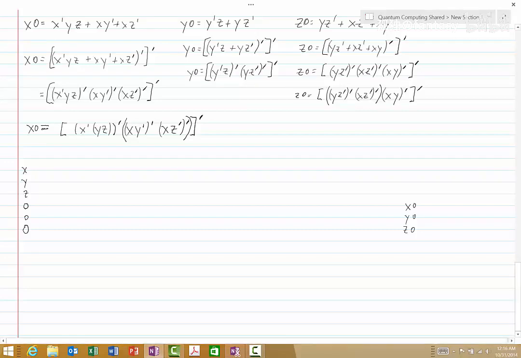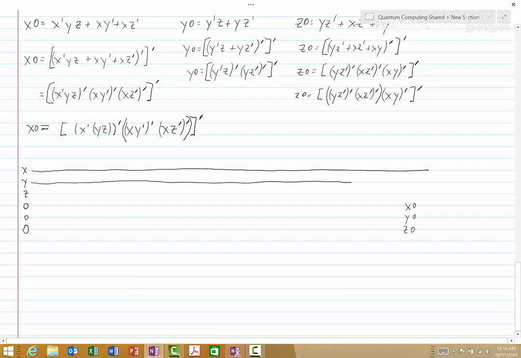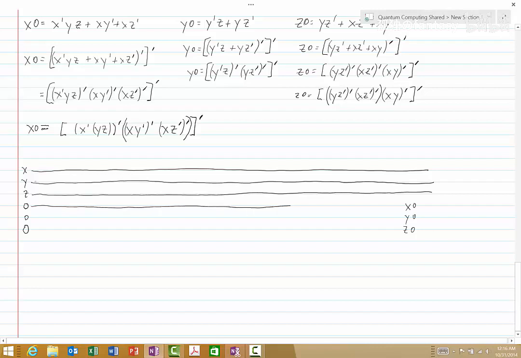So let's draw our horizontal lines here. This is for X and Y, Z, and I'll move these over.